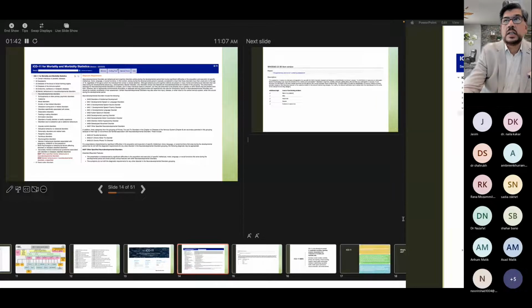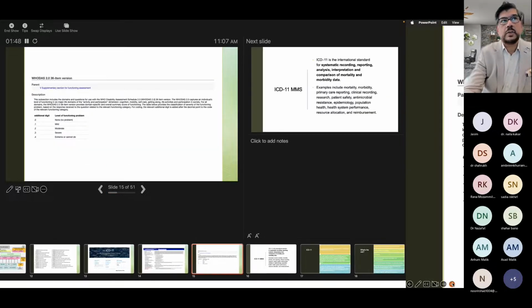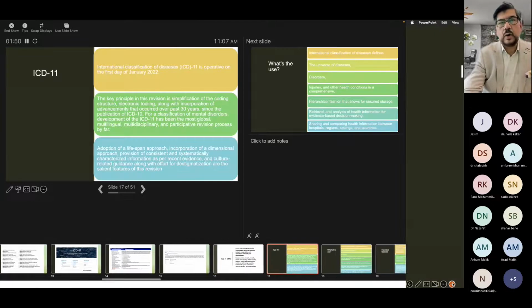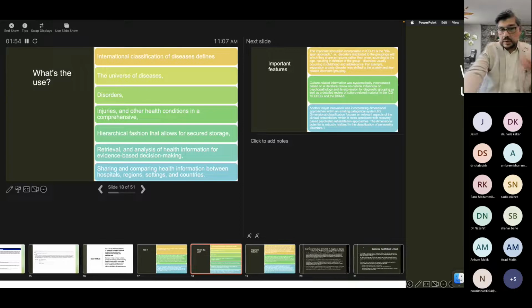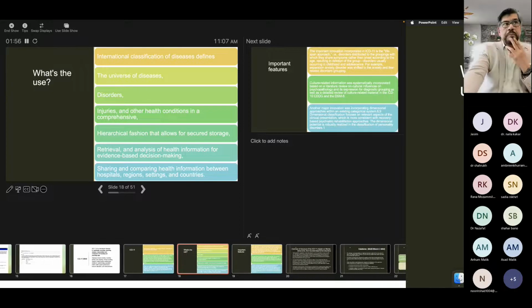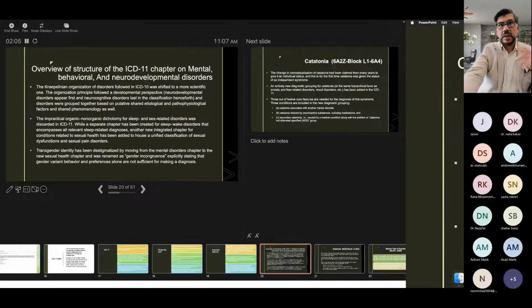So there is nothing like we have to memorize it or learn it, or go for other details about it. You should have a cell phone and an ICD-11 link on the WHO website, and it will be much easier.